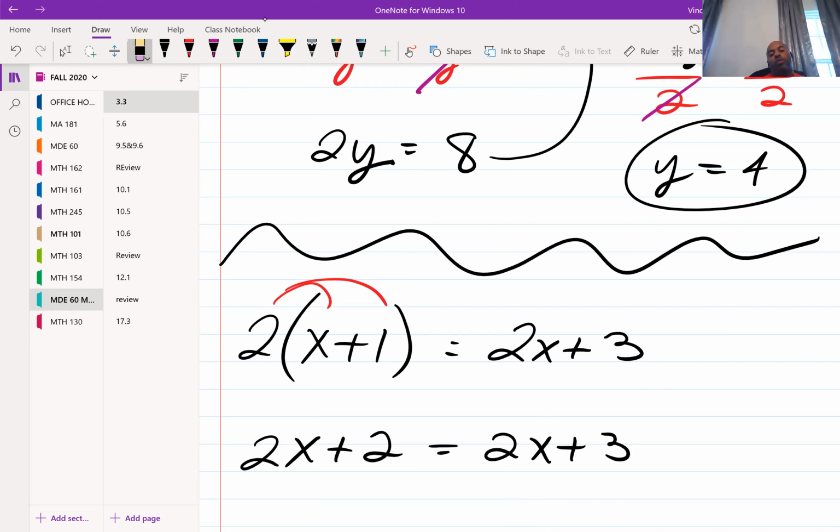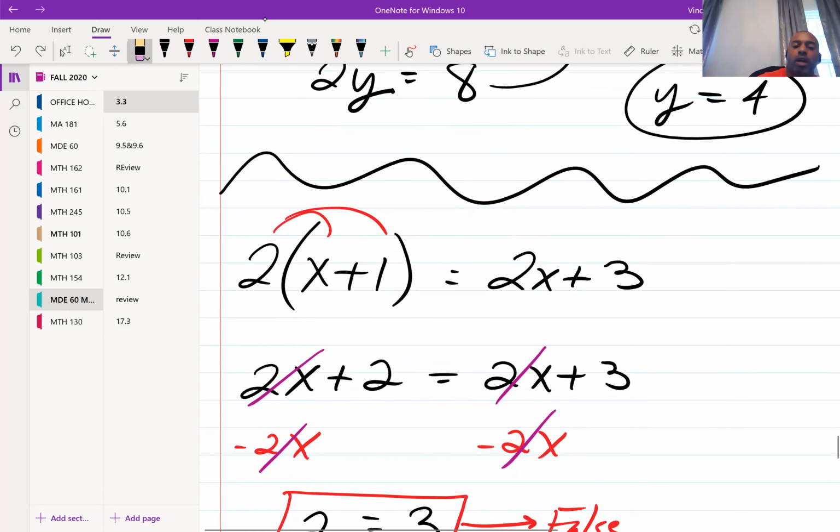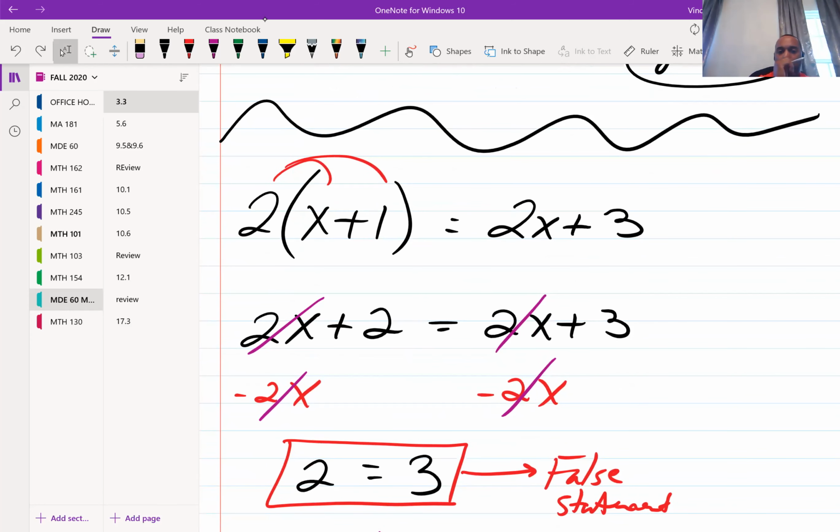So we have x on both sides of our equation. Goal is to get our terms with x on one side, our terms without x on the other side. So I'm going to subtract 2x from both sides. And notice that our variables will cancel on both sides.